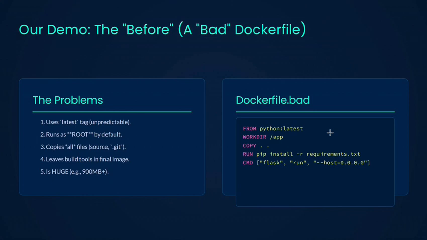Do you see the problem? It runs as root. It's built on a full operating system, so it copies all our source code, our .git folder, everything. And as we will see, it's huge. Let's go through the fixes.